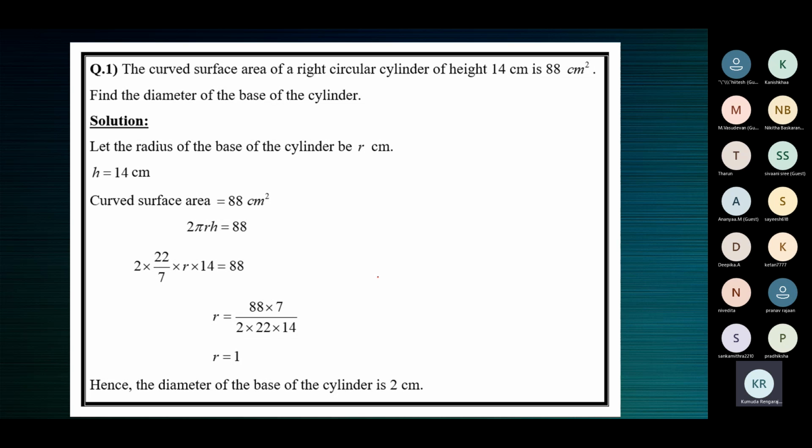If you want to write the question, maybe you can leave some 2-3 lines and copy it later into your book. Take down the answer.